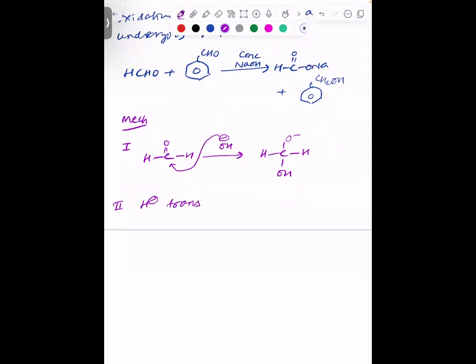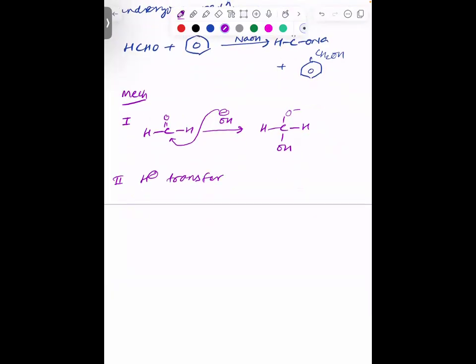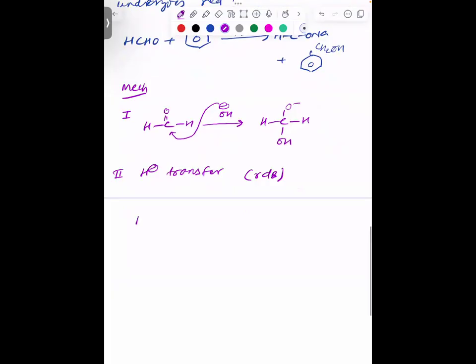Just try to recall hydride transfer. It is the slow step, and slow step means this is the rate determining step, RDS. As already studied in chemical kinetics, the slow step becomes the rate determining step. Taking benzaldehyde, the hydride transfer will make a double bond.